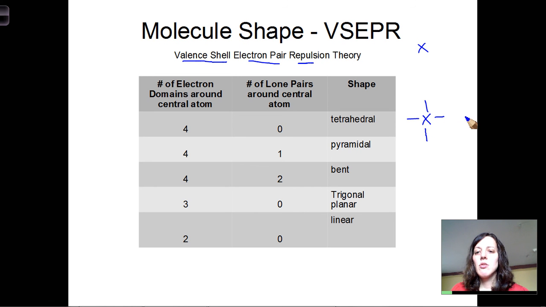To try to draw it 3-dimensionally, it's hard. You actually would draw it something like that, whereas this bond and this bond are flush with the board, and this one's coming out of the board and that one's going into the board.